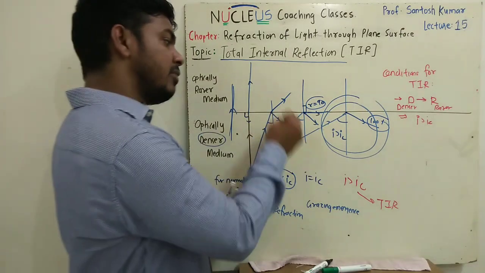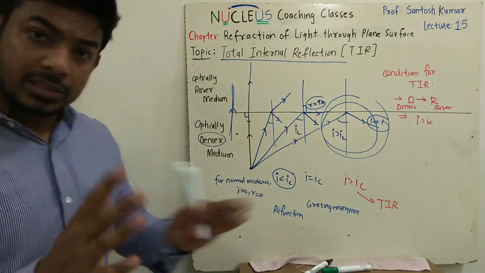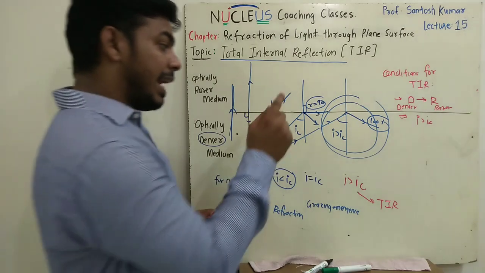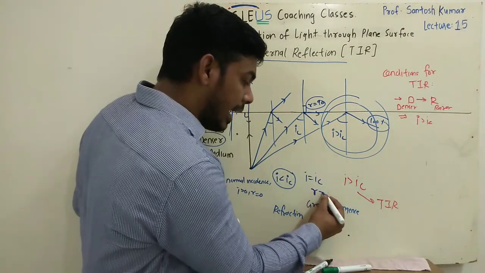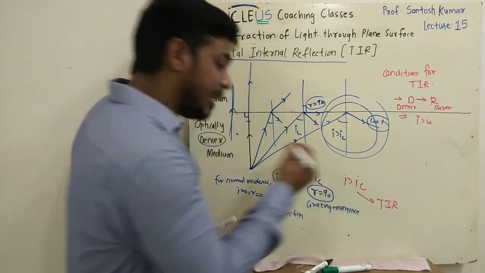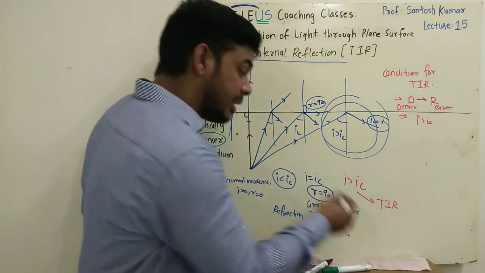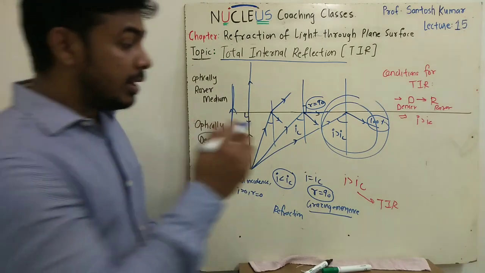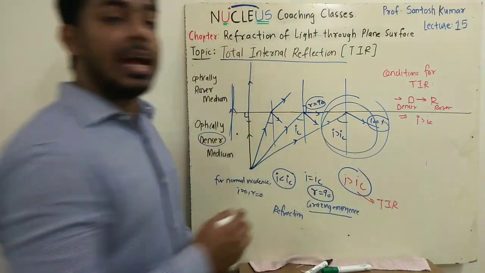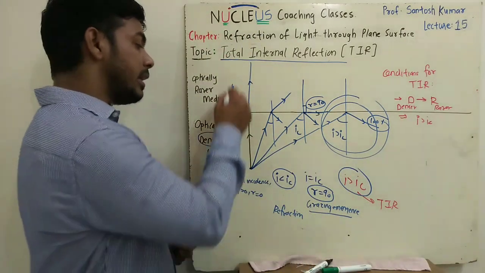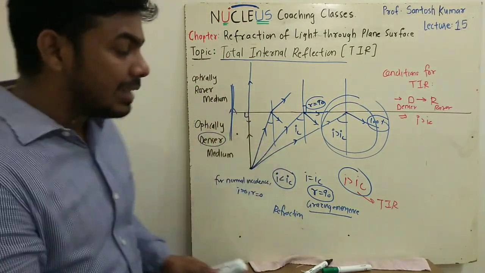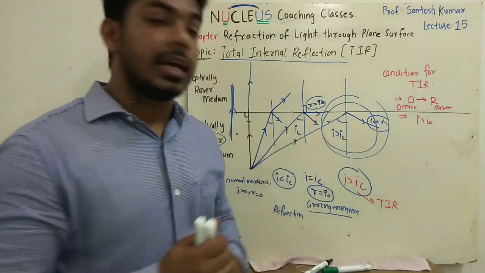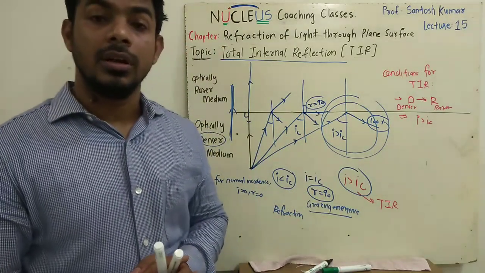In fact, there will be reflection and refraction, a partial phenomenon takes place. If the angle of incidence is equal to critical, the angle of refraction has to be 90, that is, grazing emergence takes place. But if the angle of incidence is more than critical while traveling from denser to rarer, the entire ray will get reflected back into the denser medium, giving rise to the phenomenon of total internal reflection.